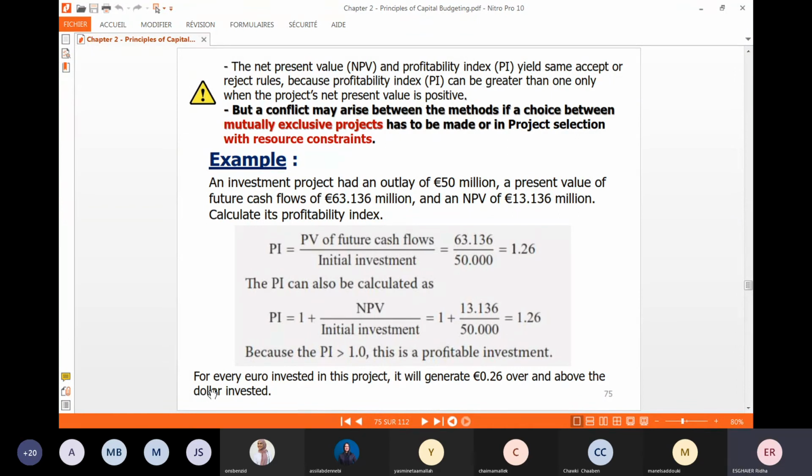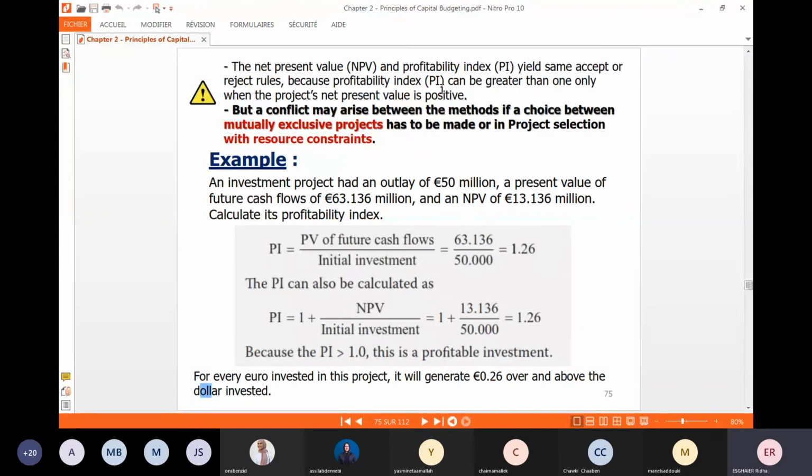For each euro, you'll get the euro plus 0.26. هذا ال profitability index. Profitability index and NPV in general, they lead to the same accept and reject rule. Because the profitability index is greater than 1 only if the NPV is positive.